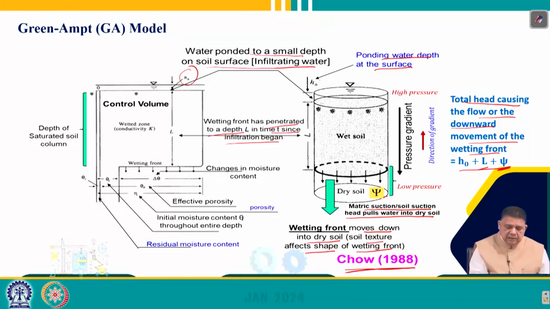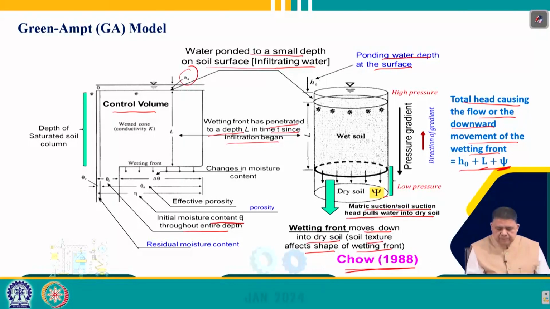Now, if we look at the left side of it, then we said earlier that this control volume has uniform soil and uniform initial moisture. So, if we say that the initial moisture was theta I throughout the entire depth, then obviously when the wetting front moves down, there will be change in the moisture content, and because the constant head is maintained there, negligible. So, of course, it is a uniform soil, the moisture will be uniformly there.